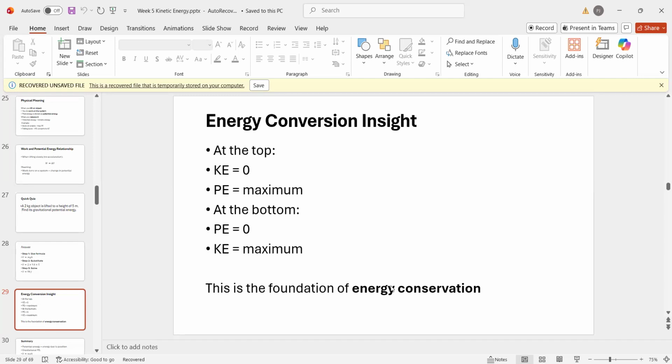So the potential energy and the kinetic energy balance at that point. That's what we normally refer to as energy conservation. At each point, you see there's a potential energy or kinetic energy.